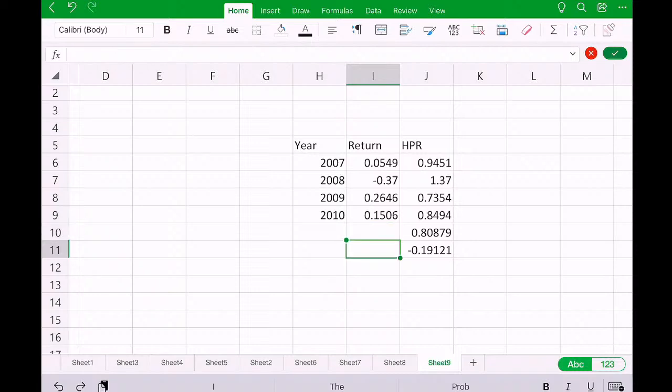So yeah, the Excel on my iPad is different than on my computer, so I'm a little bit confused why I can't do certain things.